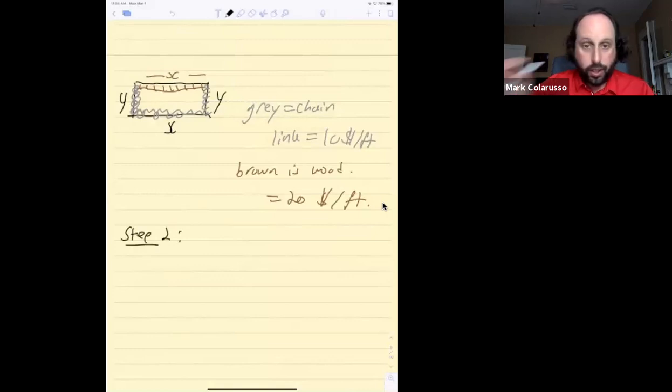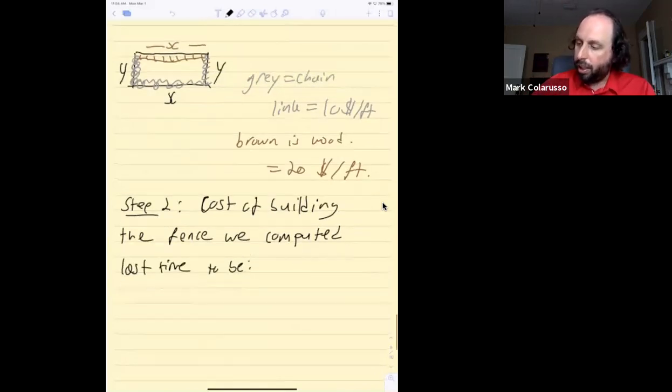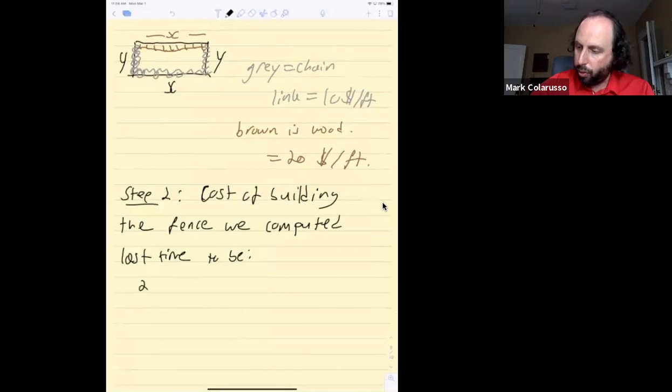Now, we actually went through this in the last problem, right? The cost of building the fence we computed last time to be, right, the amount of chain link is 2y plus x times $10.